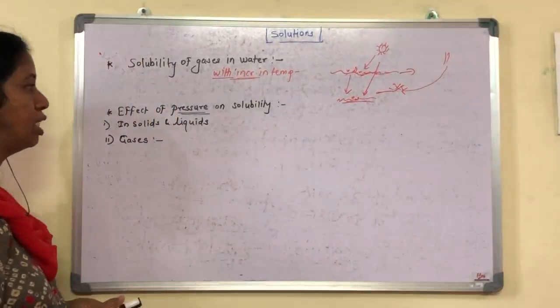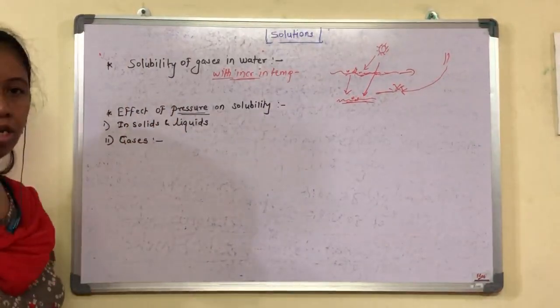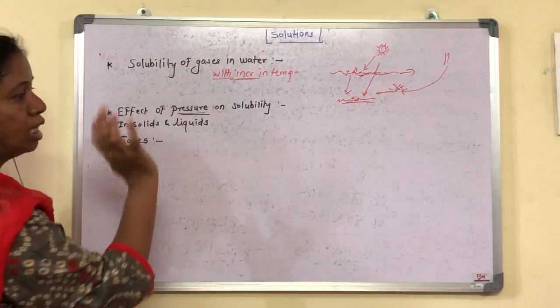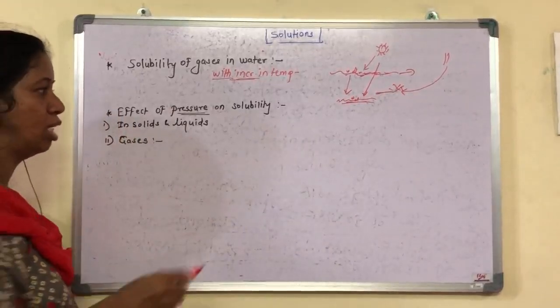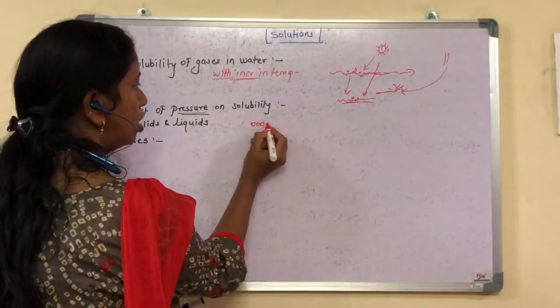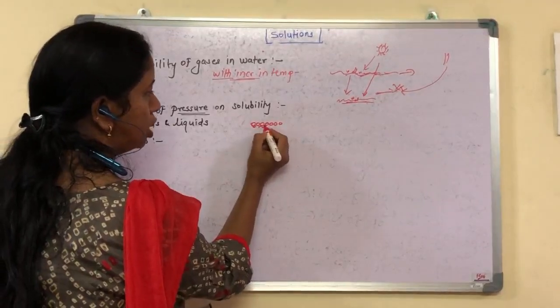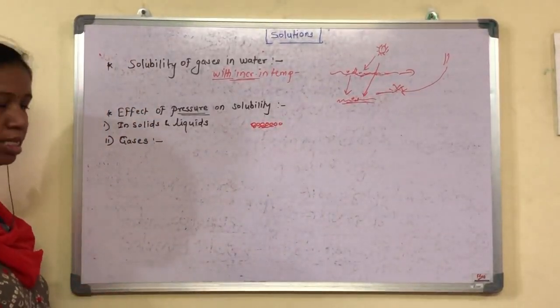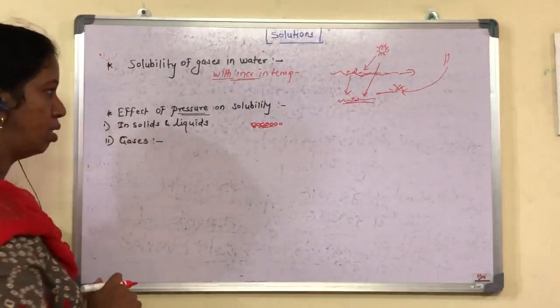The next point is the effect of pressure on the solubility. So what is the effect of pressure? In solids, the solid molecules are compactly packed with each other. The intermolecular space between them is very small, so they are incompressible.